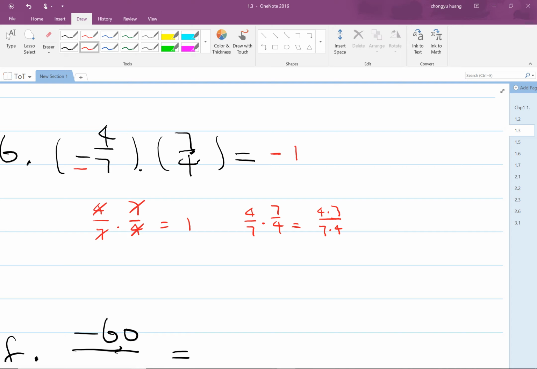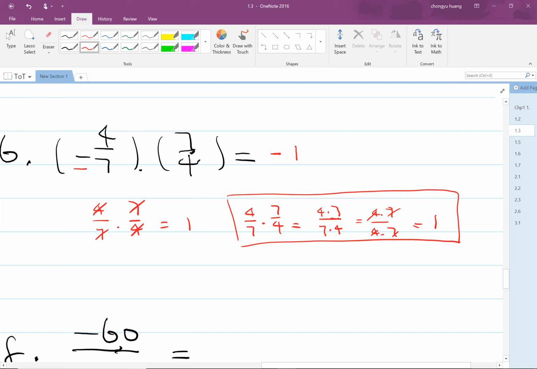And then you can see it is obviously the same thing: 4 multiplied by 7, 4 multiplied by 7. So it just gets cancelled, and that's why it's equal to 1. That's why you are able to cancel. Here is the detail of why you can actually do this.